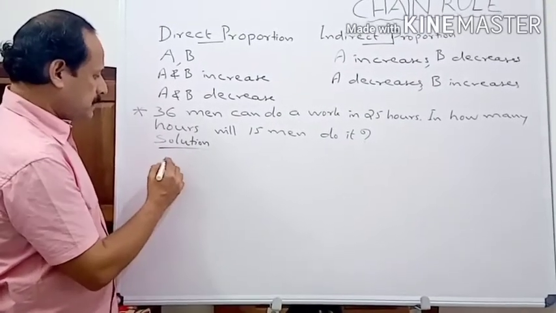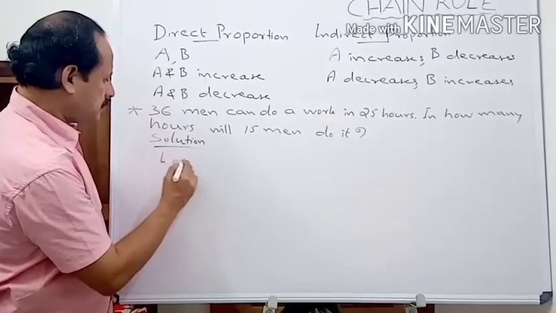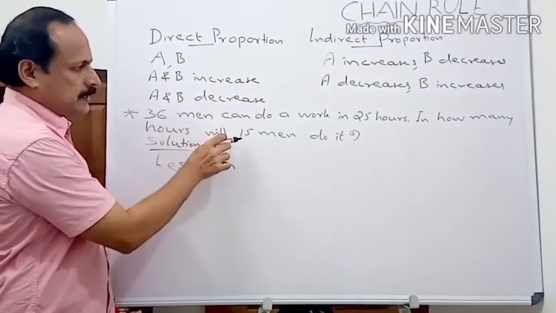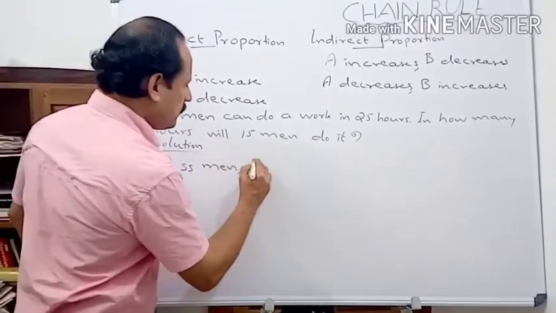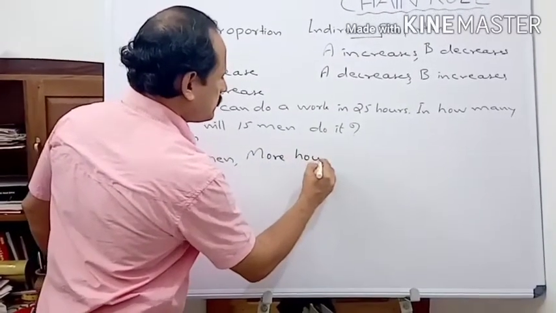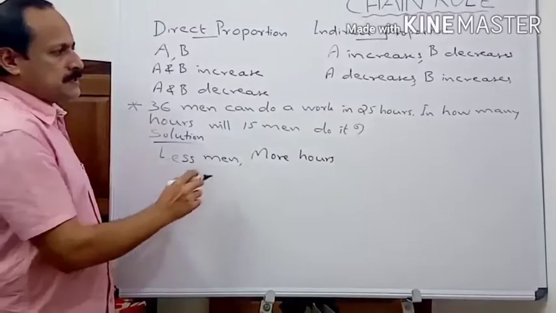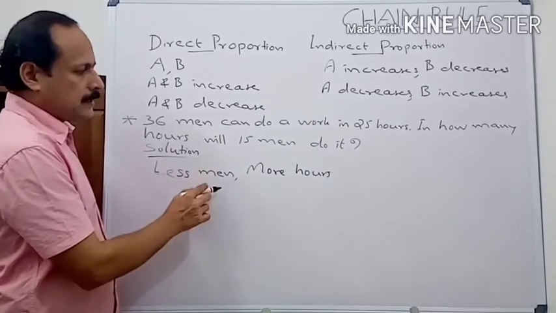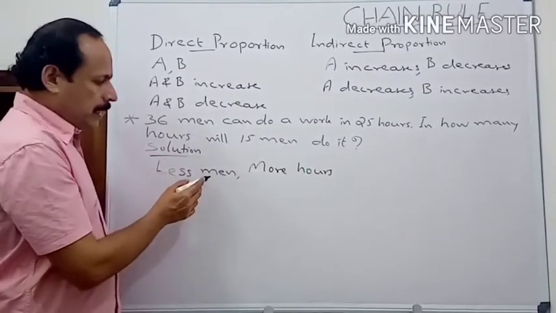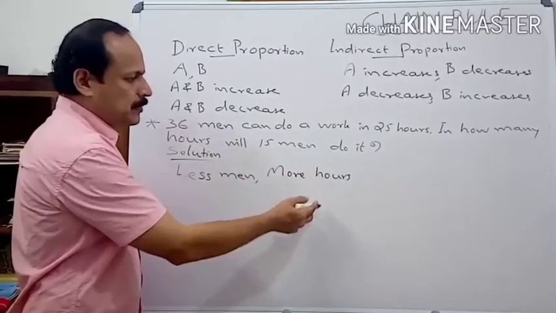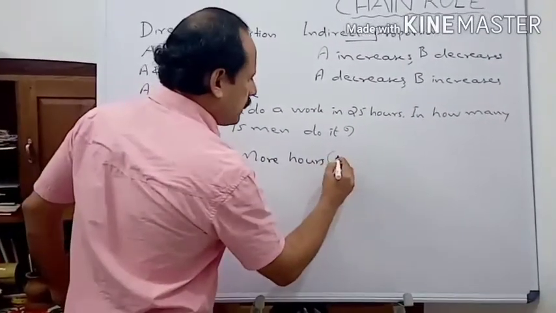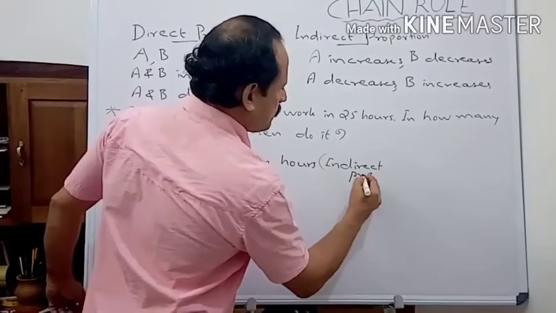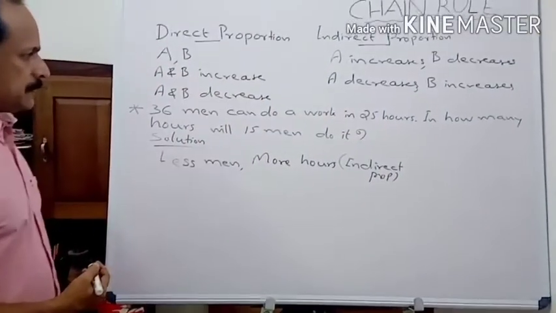That is, less men, more hours. Here number of men decreases, then number of hours increases. When number of men increases, number of hours decreases. Therefore, they are in indirect proportion.